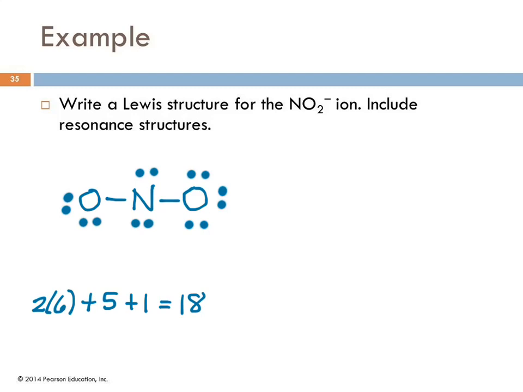That looks a lot like the ozone one, doesn't it? Because in terms of the valence electrons, it's the same. It's 3 atoms bonded together and a total of 18 electrons. So we're going to end up with the same thing where we have 1 double bond and 1 single bond.